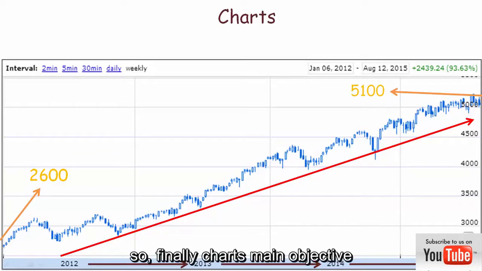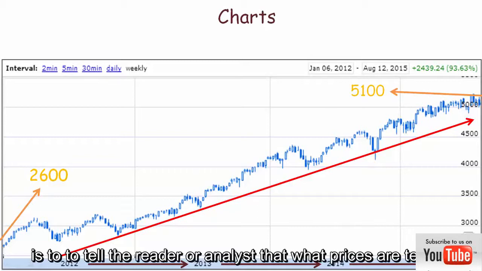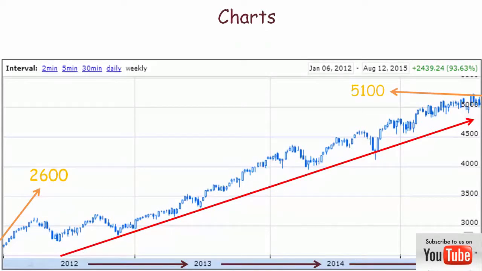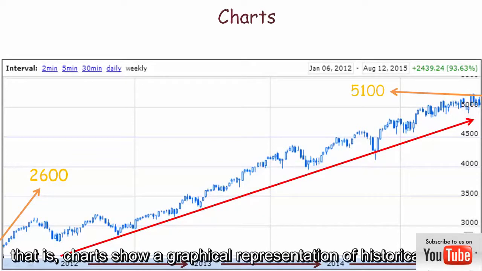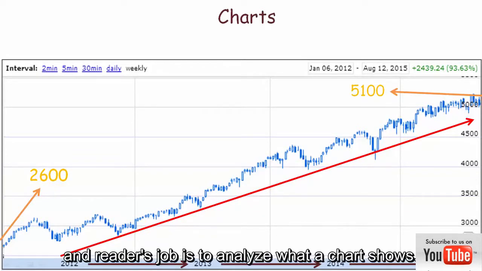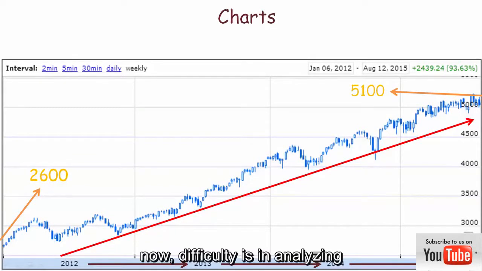So finally, a chart's main objective is to tell the reader or the analyst what the prices are telling. That is, charts show a graphical representation of historical prices, and the reader's job is to analyze what a chart shows. Now the difficulty is in analyzing.